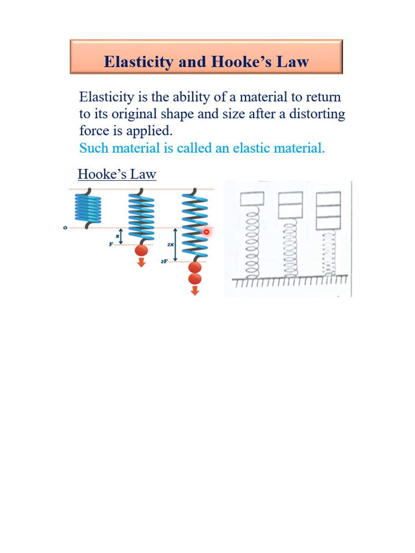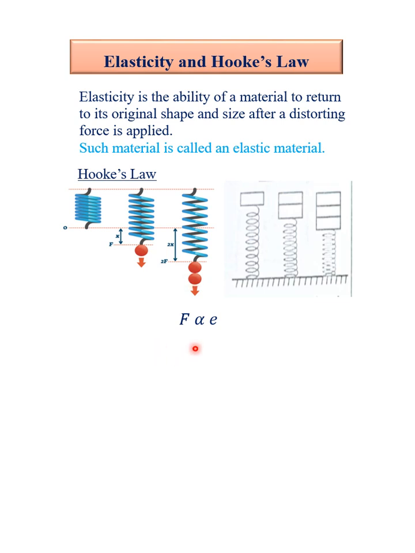Now, what is the relationship between force and the extension or compression created by the spring? Hooke's law states that the force applied to an elastic material is directly proportional to the extension or compression produced. What it means is that if you increase the force, such as increasing the weight, the extension increases proportionately.